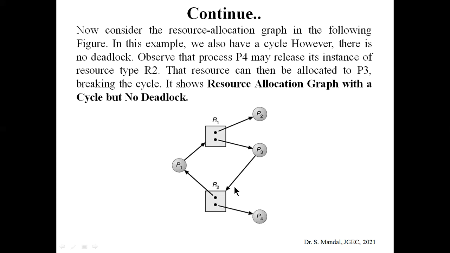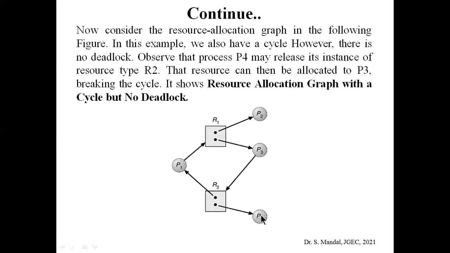But here P3 wants access to an R2 instance, but the R2 instances are already allocated to P1 and P4. It should be remembered that P4 is not in the cycle. So in that scenario, where the resource is allocated to a process which is not in the cycle, if that process releases the resource, the resource can be used by the process which requests it.